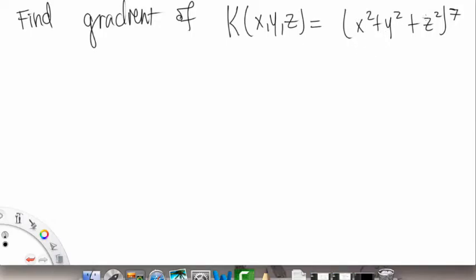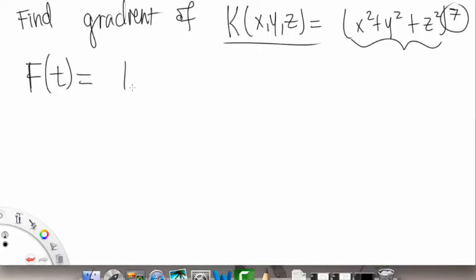So here we see an outer function, this raised to the 7th power, and an inner function of x, y, z. We could split this up into 2 different functions. The outer function is going to be given by f of t, where we use a t to replace the x, y, z stuff. So t to the 7th is our outer function because something is being raised to the 7th power.